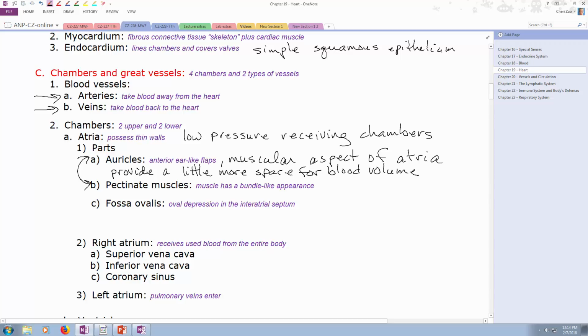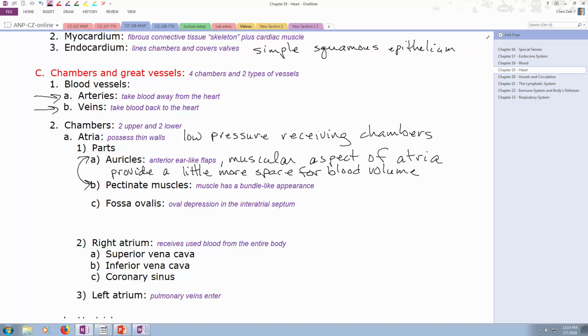And because in the auricles, these pectinate muscles are located, it's interesting if you actually take a look at the linear arrangement of those pectinate muscles, because they will actually cause those little atria to shorten. And so that's how that blood is actually pushed into the remainder of the atria themselves. And so when we talk about atrial contraction, we're actually talking about auricular contraction. Are you guys following me on that? Because that's the only truly muscular area for that.